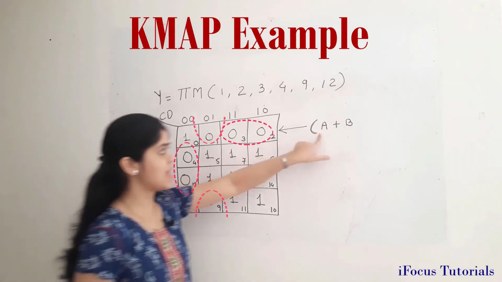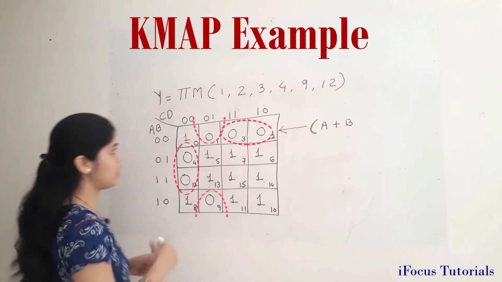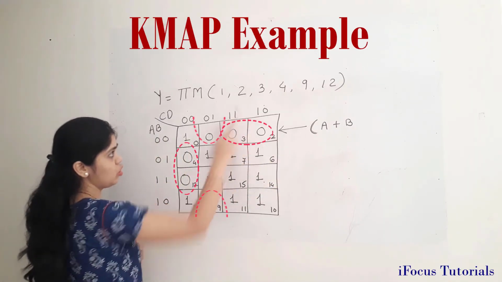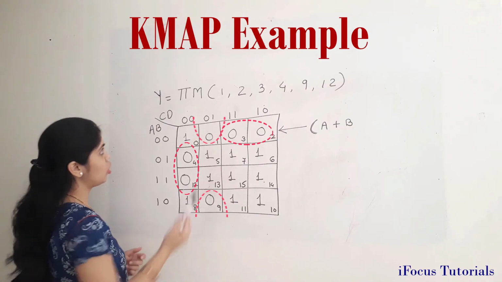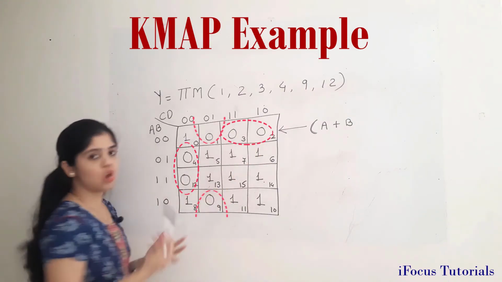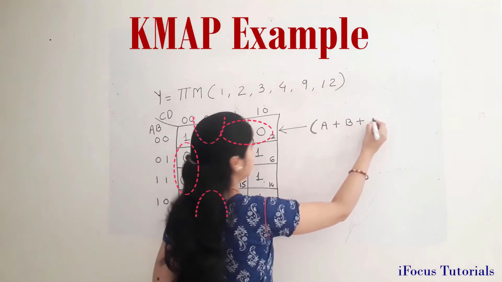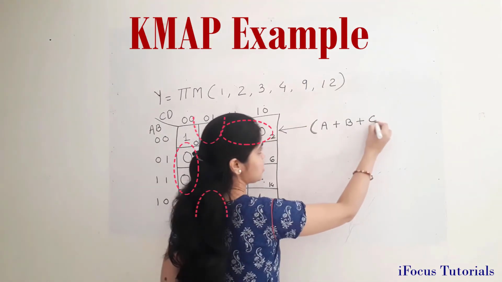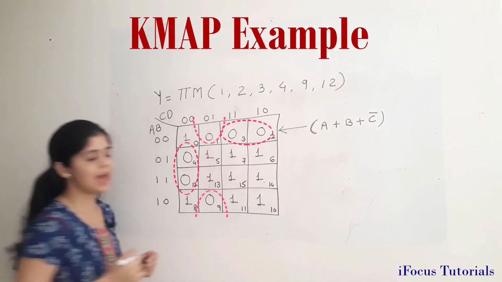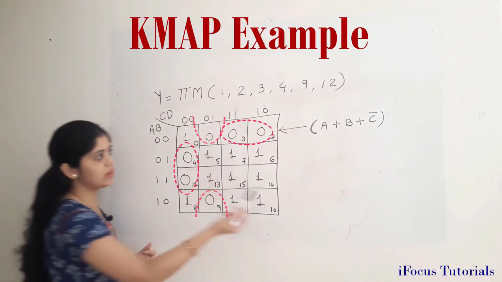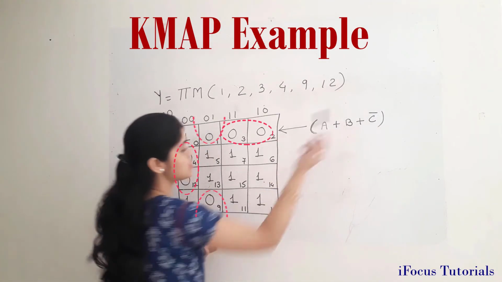So I have written a plus b here. Now what we have to do? We have to observe the columns here. If you observe the columns, our c term is common here, whereas d term gets cancelled. So I will write plus, it is represented as 1, and 1 is represented as a complemented term. So I will write it as a plus b plus c bar.